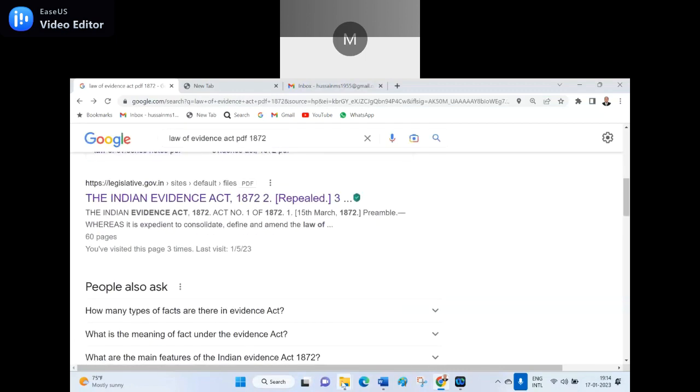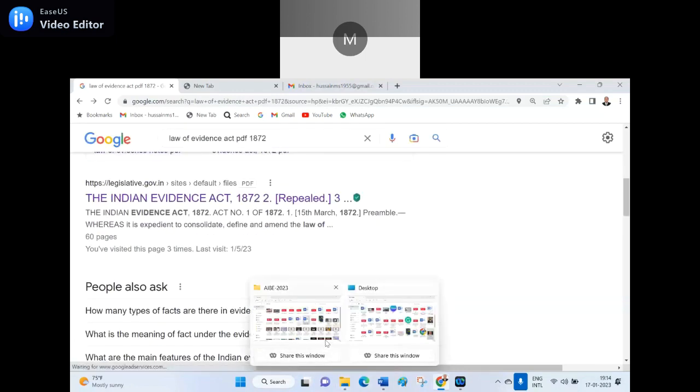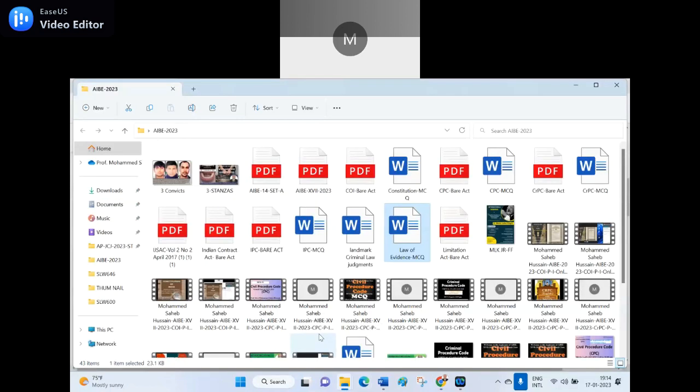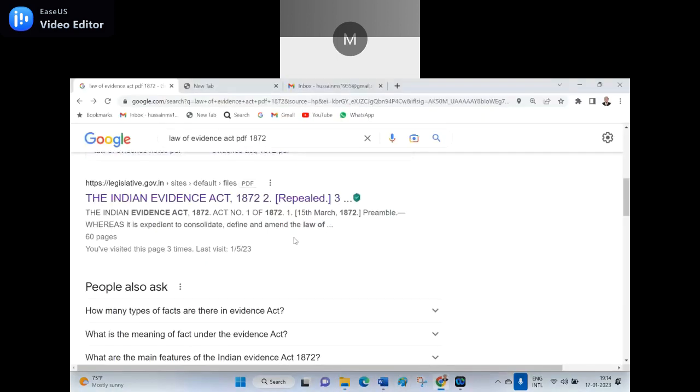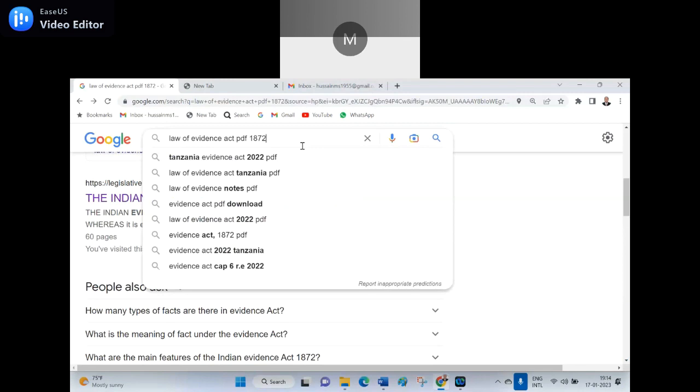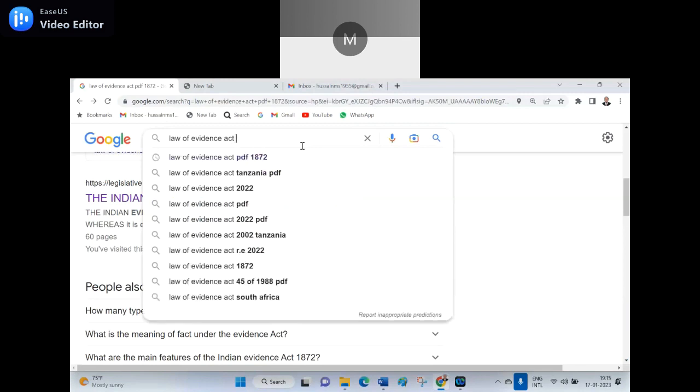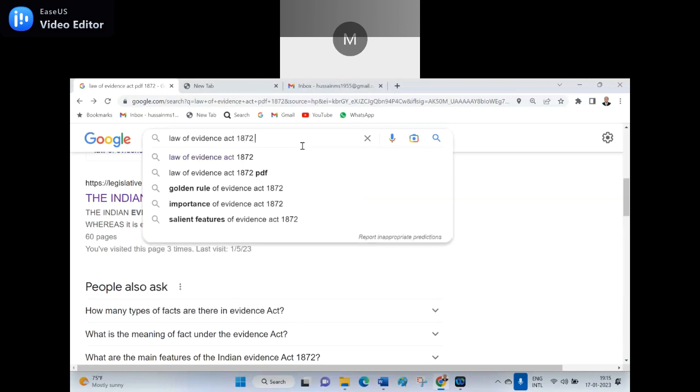I already downloaded that thing. Constitution, CPC, Law of Evidence, Indian Contract Act, IPC, Limitation Act. Where did I keep it? The Law of Evidence 1872, Bare Act.